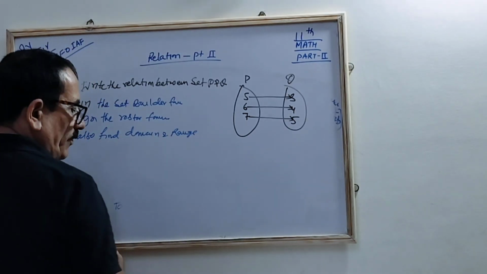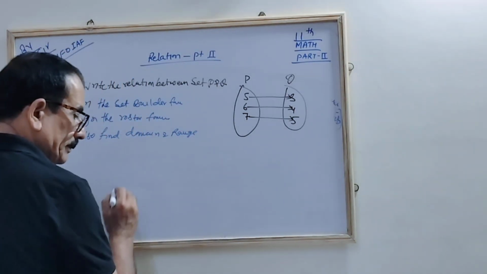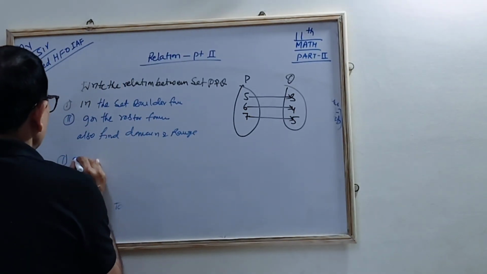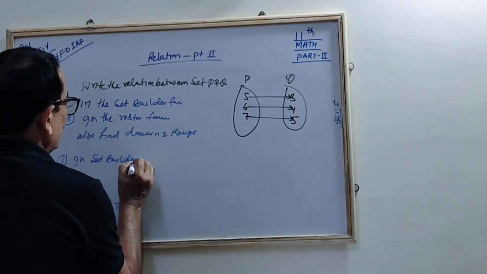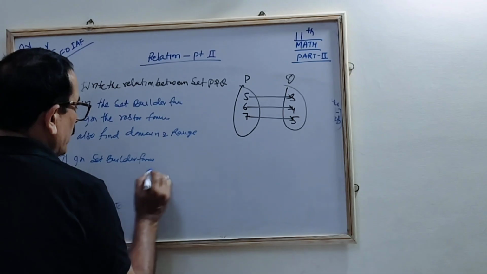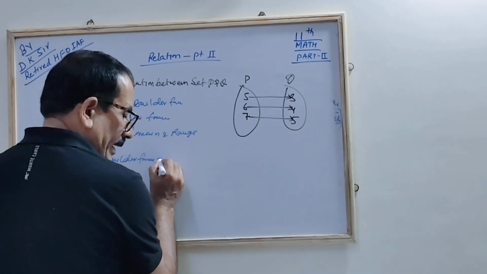So we can easily find out the first answer. In the set builder form we are going to write, how will we write it?